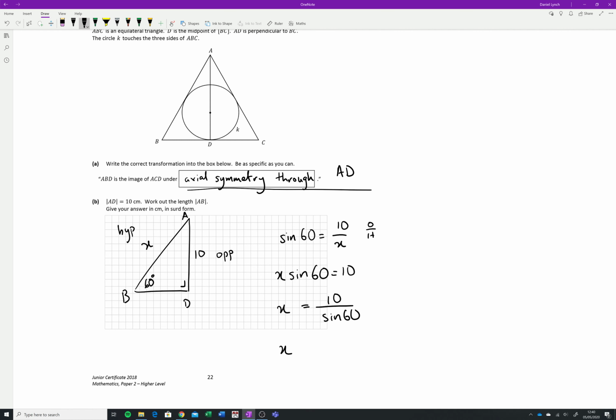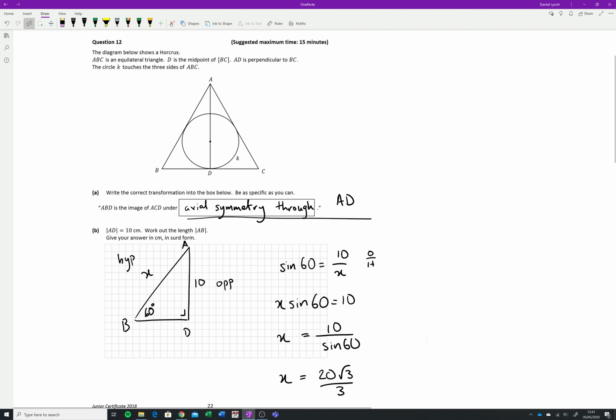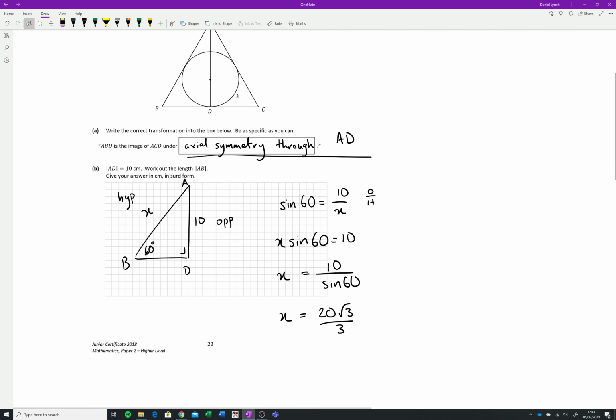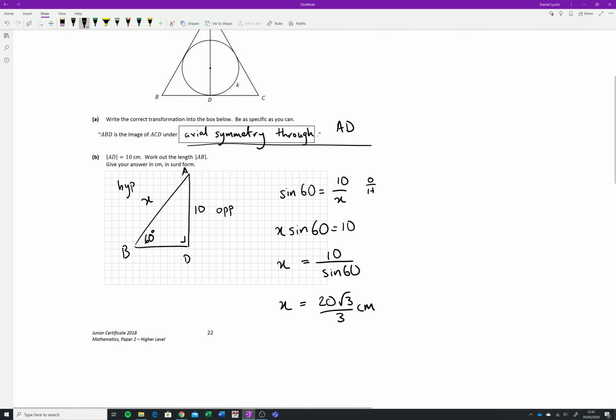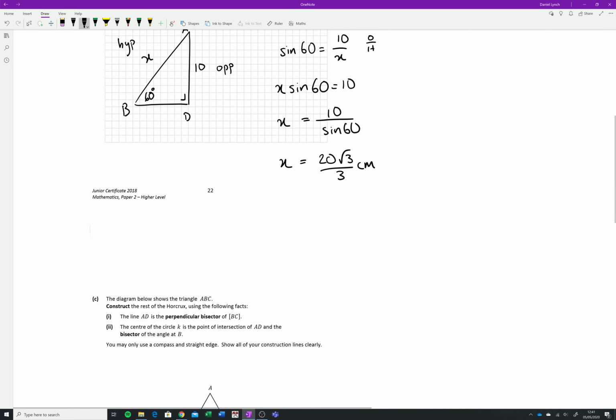And it said in surd form, so we're expecting a square root, and that's certainly what we get. And these were, I think, did I mention centimeters? Yeah, so don't leave out the units. So there you go. That's a small little revision of trigonometry as well.